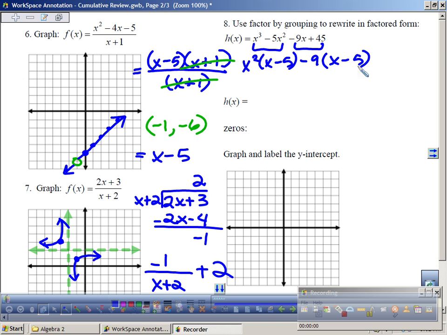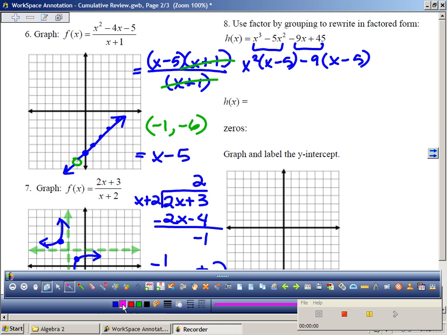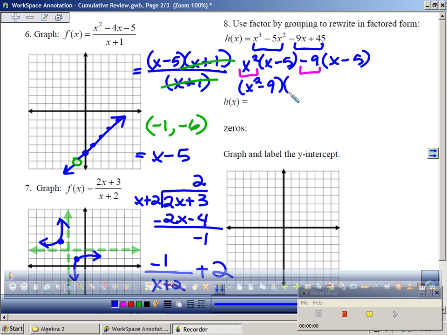I'm going to combine the x squared and the negative 9 to make x squared minus 9, like factoring out the x minus 5 from both of them. Then I need to factor the x squared minus 9, that's the difference of two squares, so that's x plus 3, x minus 3, and x minus 5.